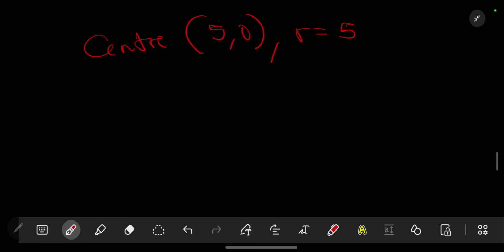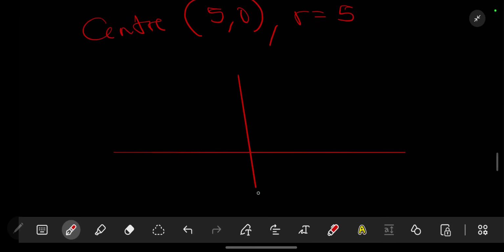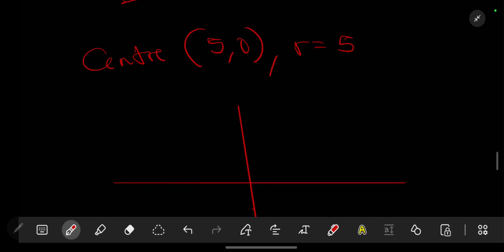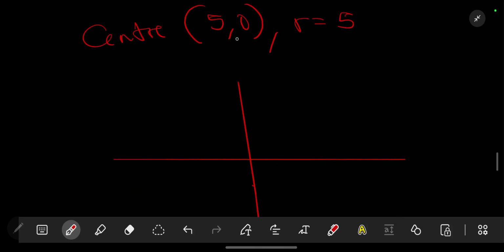So to finally sketch according to what they have asked for, we are going to do this. Sketching a circle like this is very easy. The center is 5, 0, so x is 5 and y is 0. So we have 5 here.